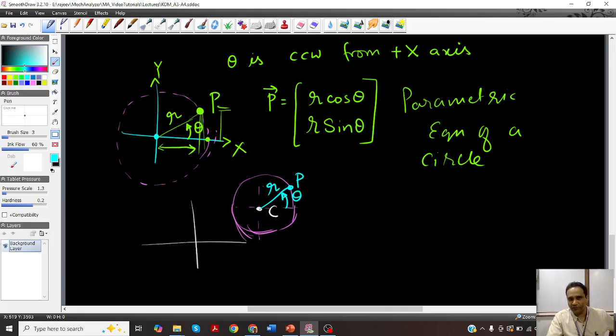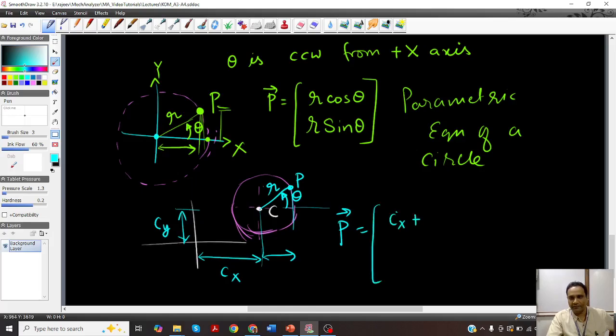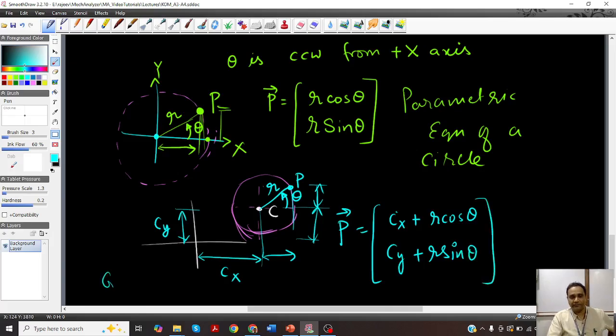Theta is changing with respect to the horizontal, counterclockwise, and the center point C has coordinate Cx along x direction, and similarly Cy along y direction. So the parametric equation of the circle will be Cx plus r cos theta, and similarly for y direction it will be Cy plus r sin theta. So this is the generic case.